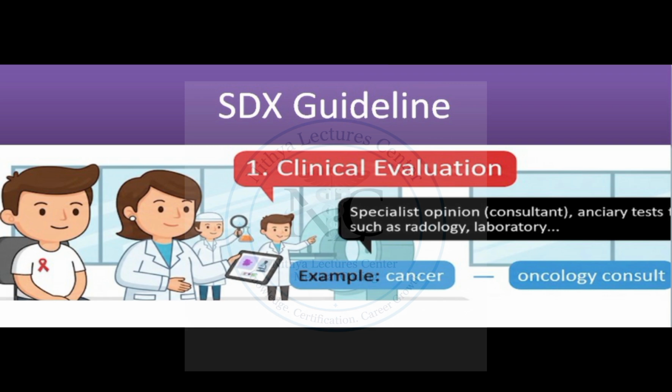Now let's see clinical evaluation. For clinical evaluation, the doctor has to specifically examine or assess the condition. This includes getting a specialist opinion like a consultation, or performing diagnostic tests like radiology or lab workup. For example, if a patient has cancer, an oncology consult counts as a clinical evaluation.